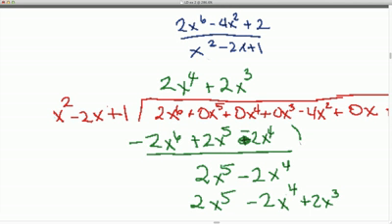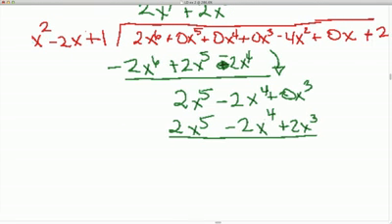And if you remember, there was no x cubed on this term, so I'm just going to bring down that 0x cubed, for my own benefit, just that way I remember that I've taken care of it.